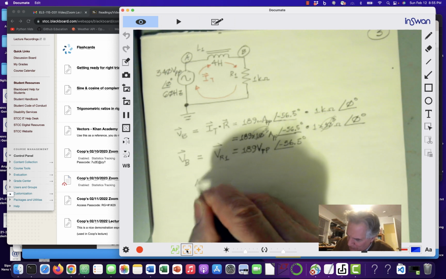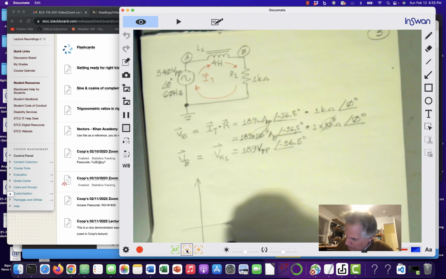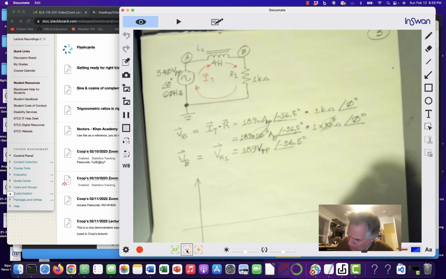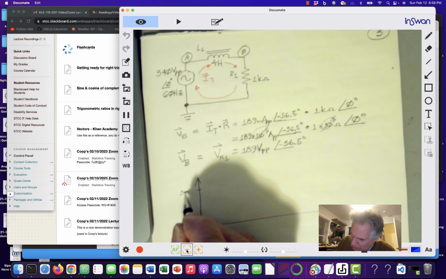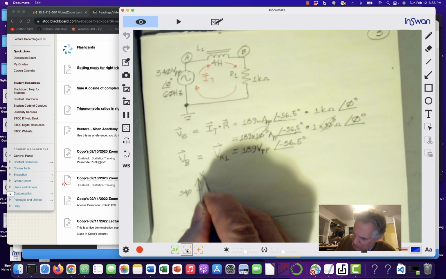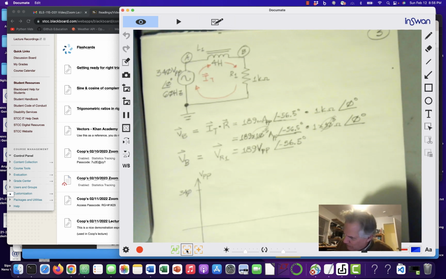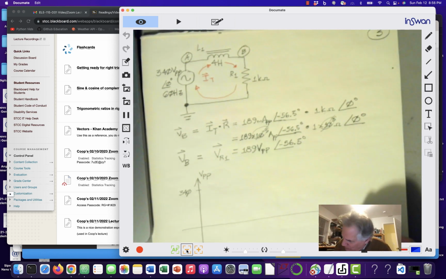So if I graph this thing, and let's say this is 340, here's volts peak to peak, and this is time. On an oscilloscope it would be time, so let's do that.